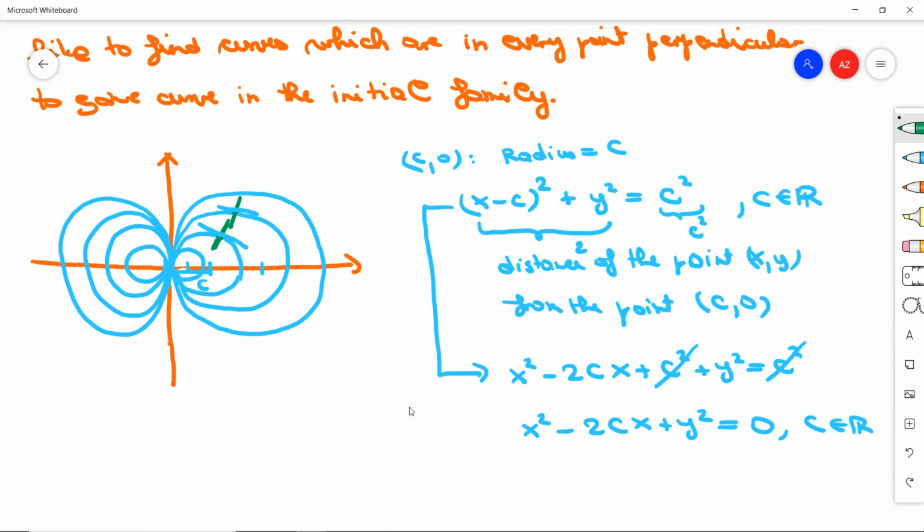So what we know for those slopes is that they are different in size and inversely proportional.